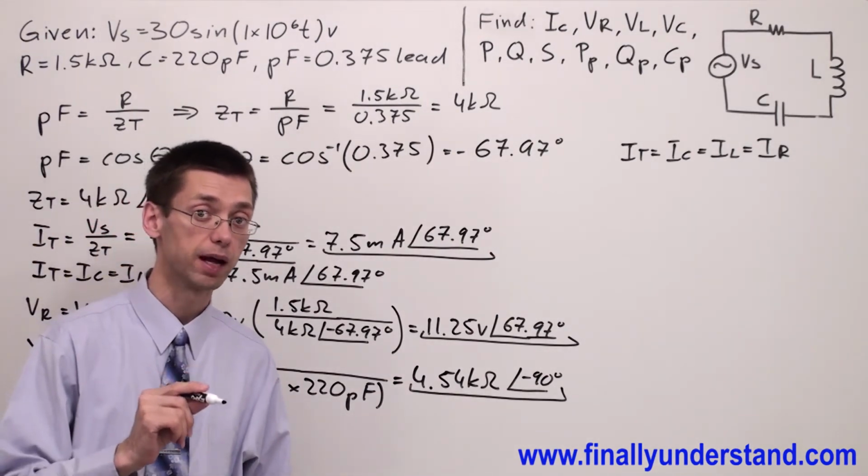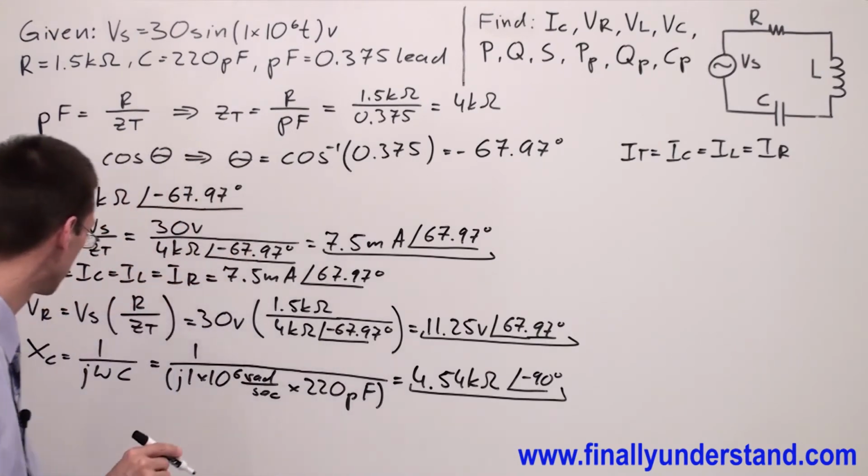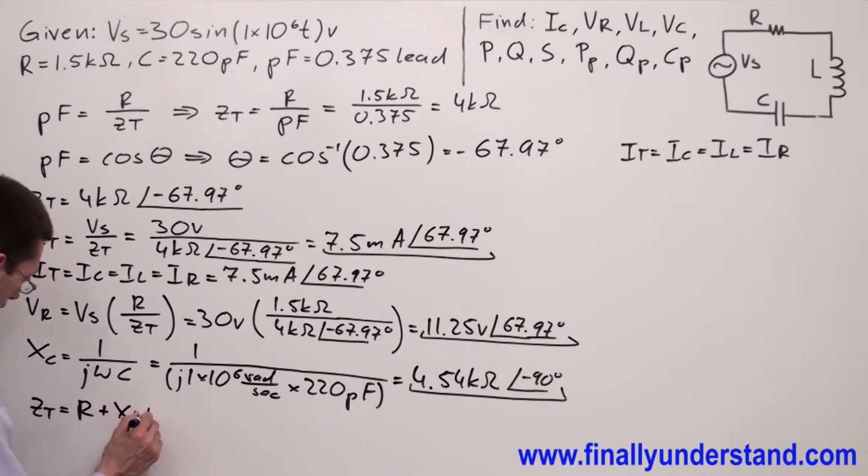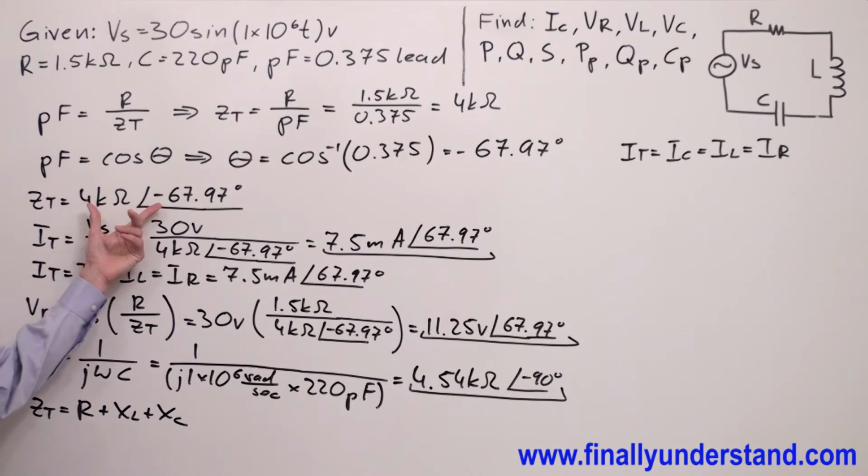If you have capacitive reactance, you can also find the inductive reactance. I'm going to use the formula Z total equals resistance plus X of L plus X of C. I'm going to use this formula because my Z total goes with angle.